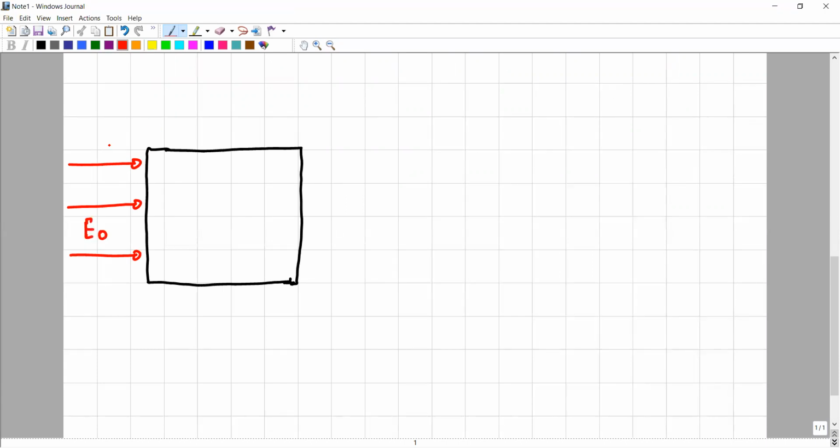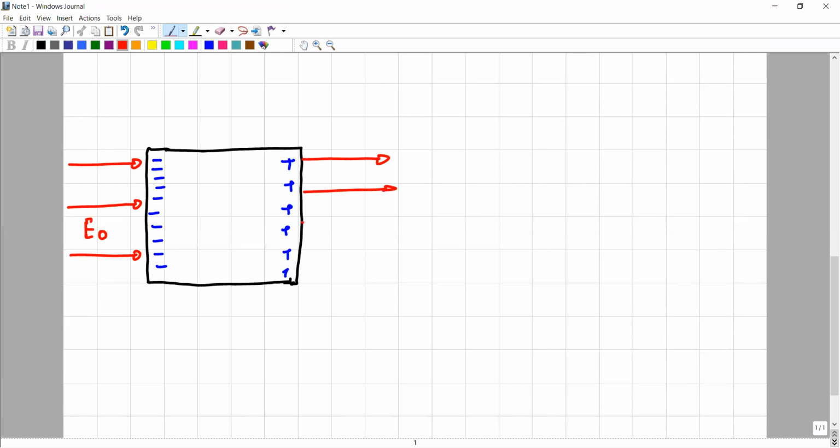Because of this external electric field, the negative charge of the conductor is going to concentrate here, and the positive charge will concentrate here. And then the electric field will be like this.